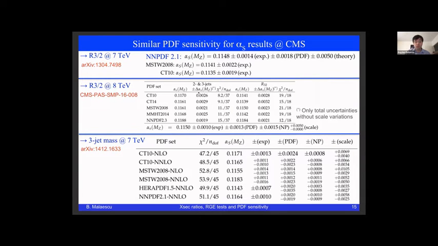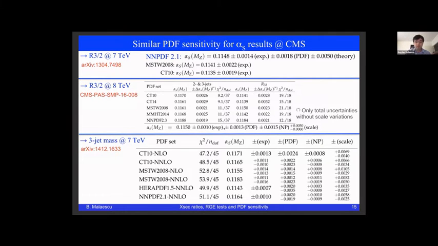And also, if you look at how much the central value changes when the PDF changes, they are quite similar between the case of the ratio and the case of the absolute cross-section. Even in the case of the ratio, there is one variation here that seems to indicate that R32 is more sensitive than the cross sections themselves. I mean, the extraction of alpha S from R32 is more sensitive.